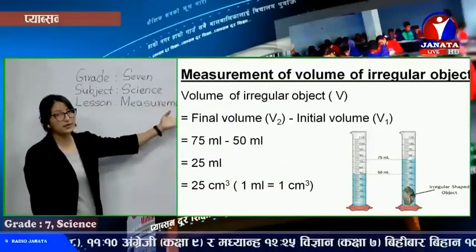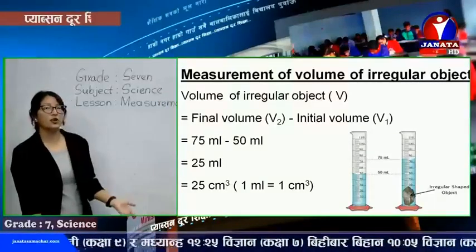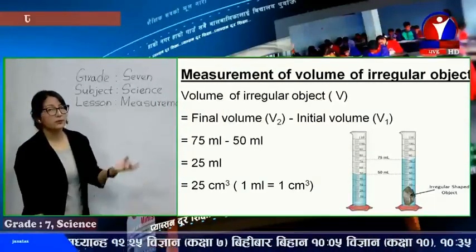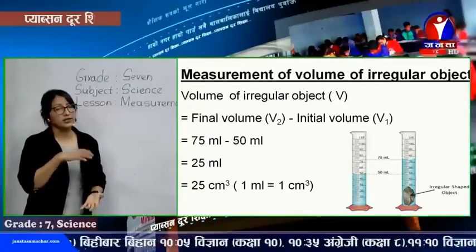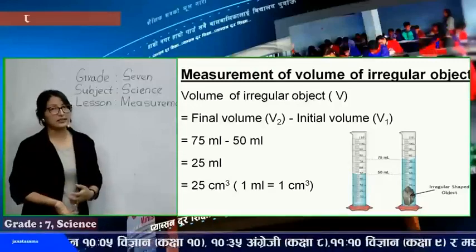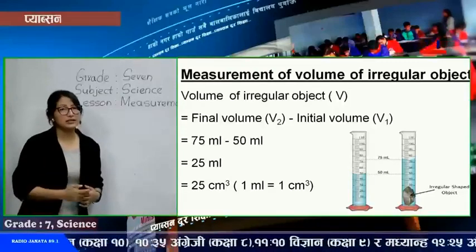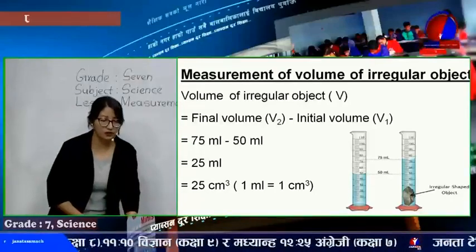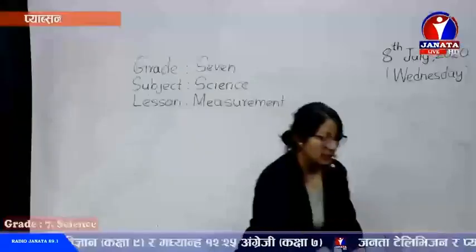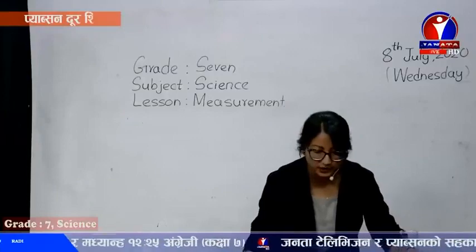We measure that, and then the final volume. From that, if we deduct the initial volume, the displaced amount of water will be found out. We can easily convert that, relating milliliter and cubic centimeter, and find the volume of the irregular object. So let's start.